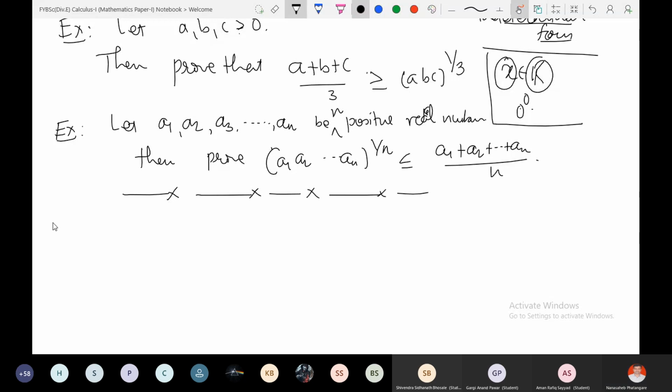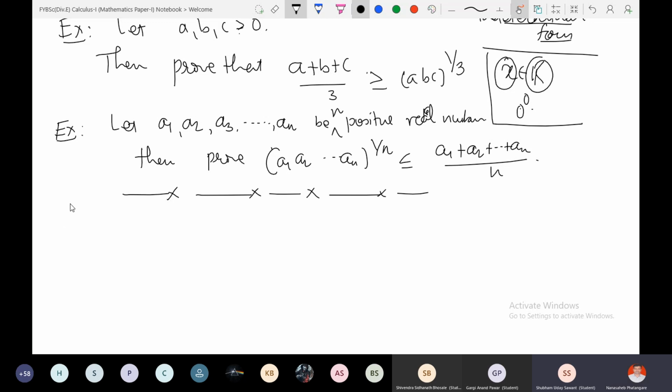Now, sir, if we prove the last exercise, that is a1, a2, a3 till an, that the geometric mean is less than or equal to the arithmetic mean, then can't it be the proof for the second last one, that is (a plus b plus c)/3 is greater than or equal to the cube root of abc?